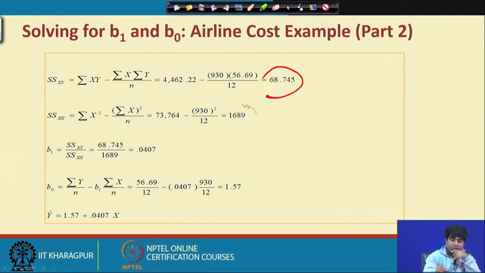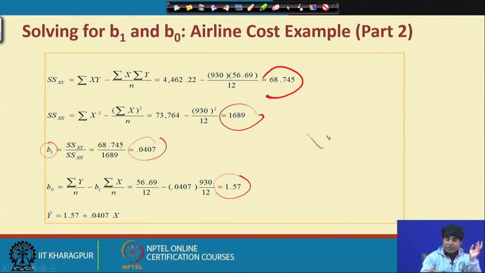Then this is variance of x, and by default your B1 coefficient will be covariance of xy by variance of x, and it is coming to 0.041. And the B0 coefficient is y bar minus B1 x bar, and that is coming to 1.57.